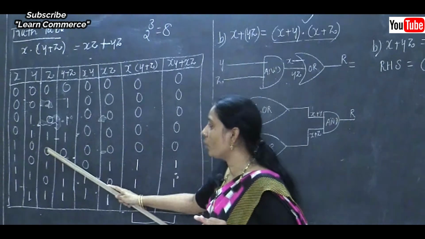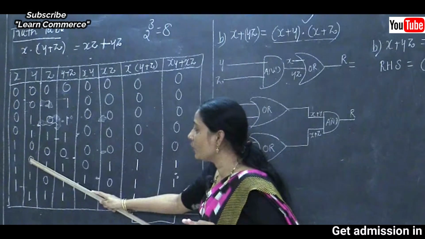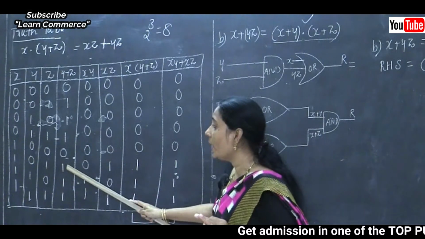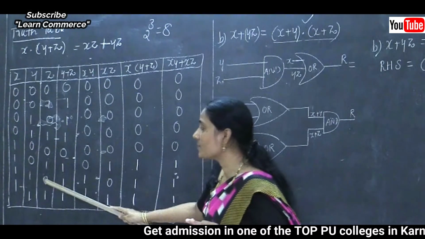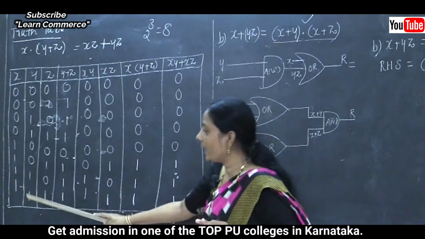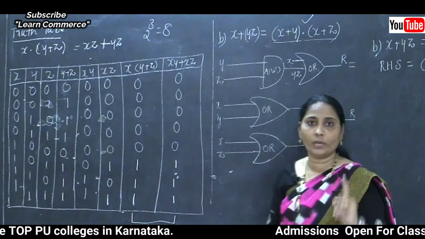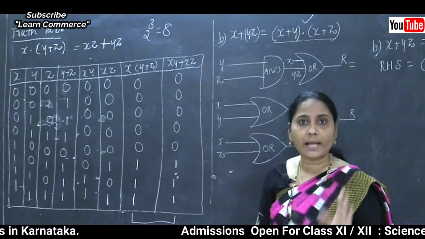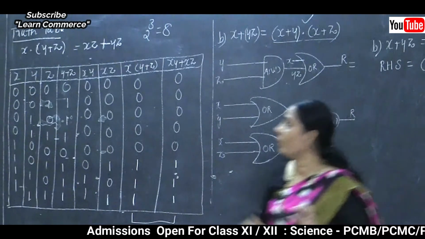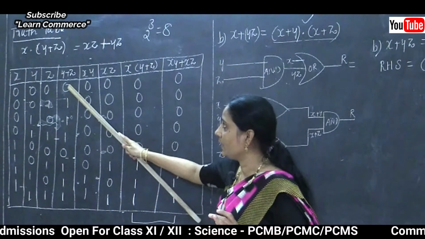Again 0 plus 0 is 0, 0 plus 1 is 1, 1 plus 0 is 1, and lastly 1 plus 1 is always 1 only. Like that we add and fill up the values for our y plus z column. Clear this point here?